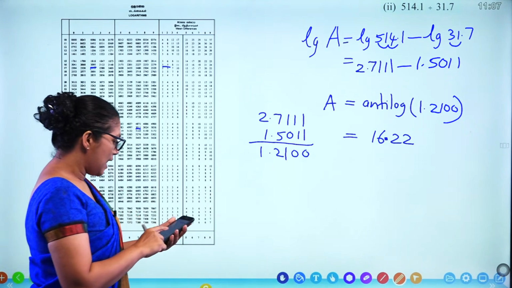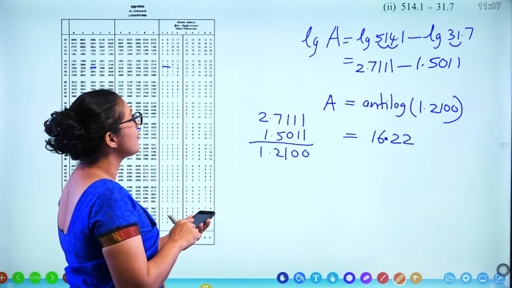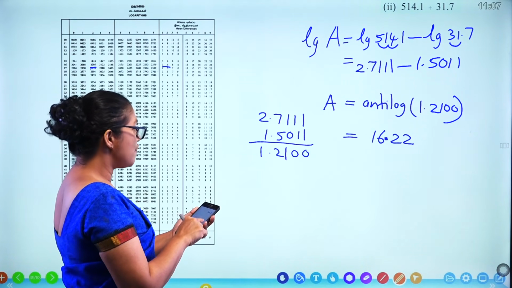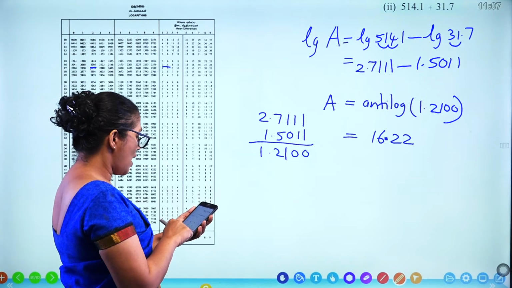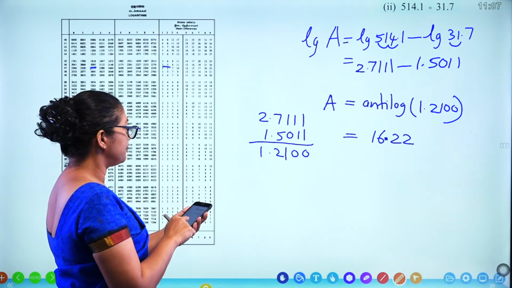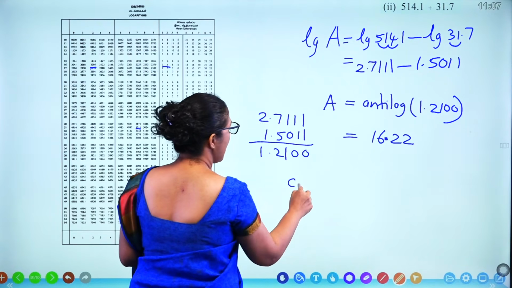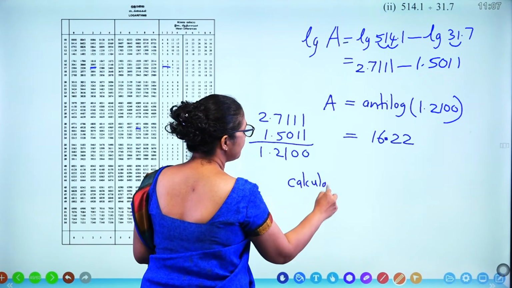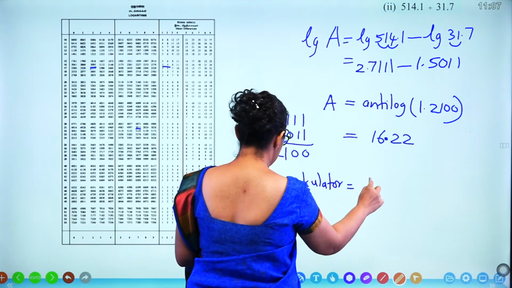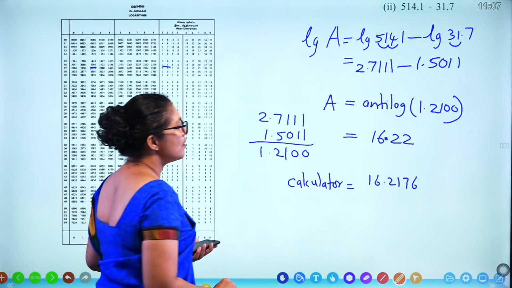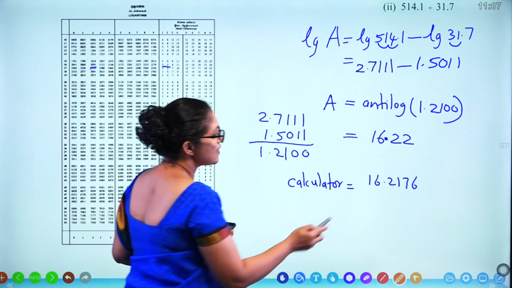Now we'll use the calculator. 514.1 divided by 31.7. Calculator gives 16.2176. Now, to which decimal place is it correct?